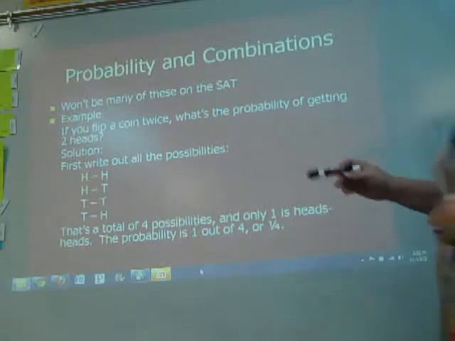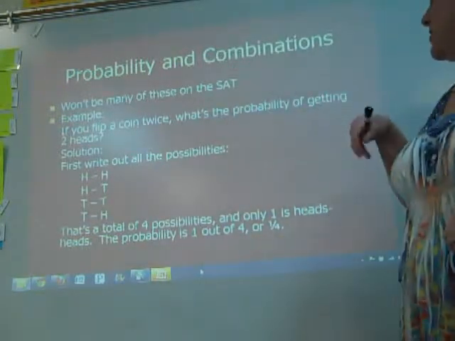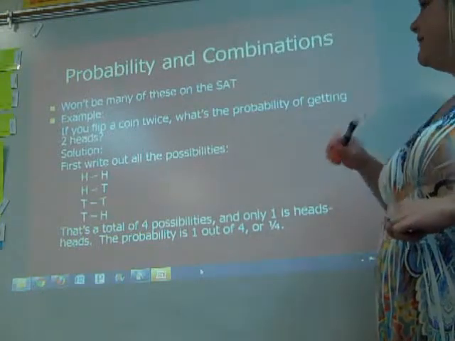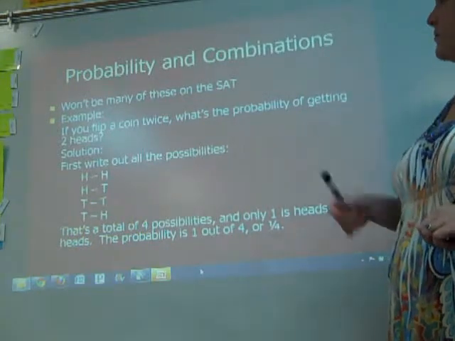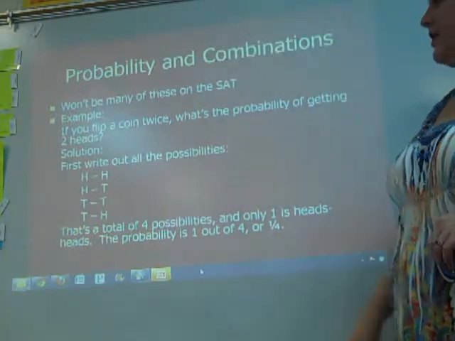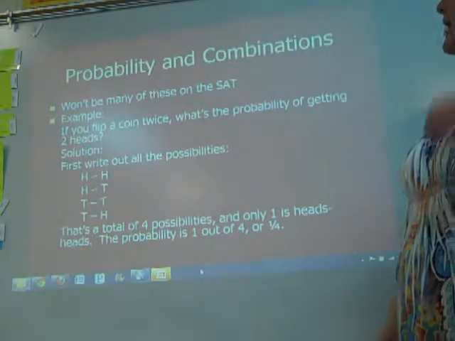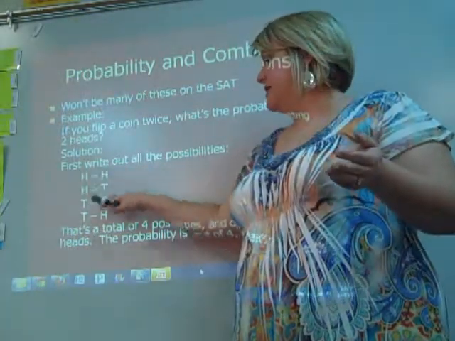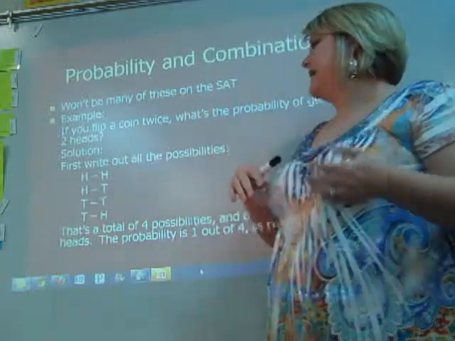So, an example of a probability and combination problem is if you flip a coin twice, what's the probability of getting 2 heads? So the first thing you do is write out all of the combinations that you could get, all the possibilities. So if you're flipping a coin twice, you could get heads both times. You could get heads the first time, tails the second time.